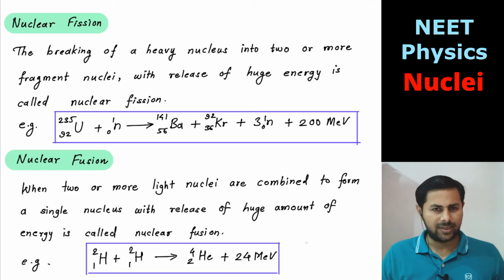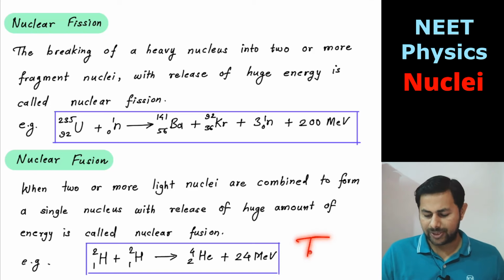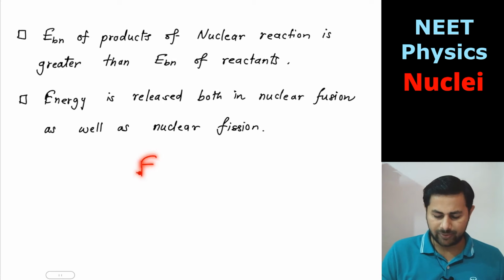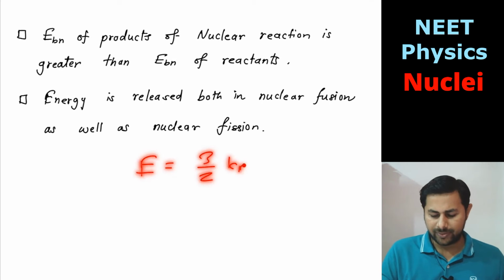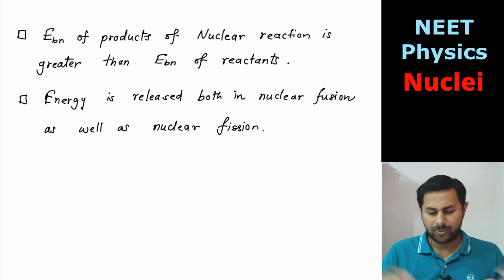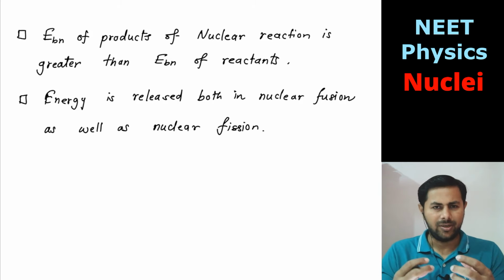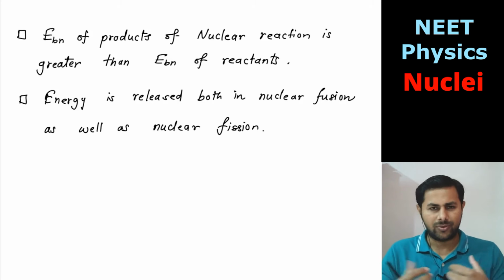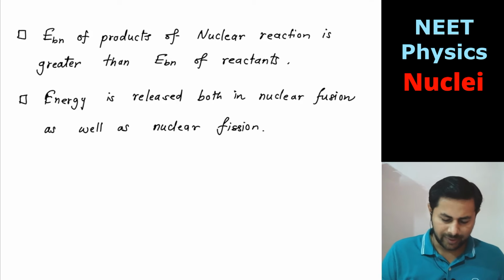We have studied the kinetic theory of gases. It depends on the temperature. Kinetic energy is equal to 3 by 2 kBT. So suppose you want to fuse two protons together, then the kinetic energies must be very high so that they will overcome the electrostatic repulsion, right?